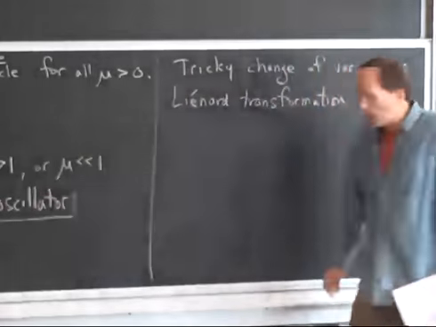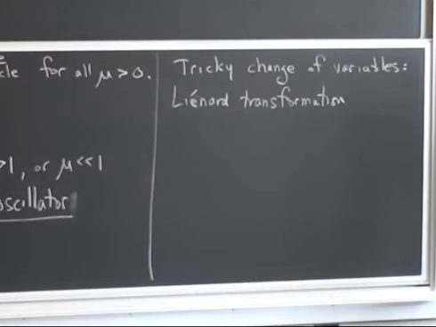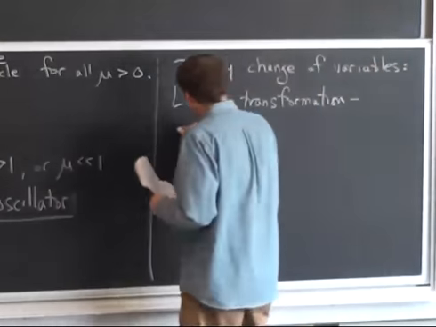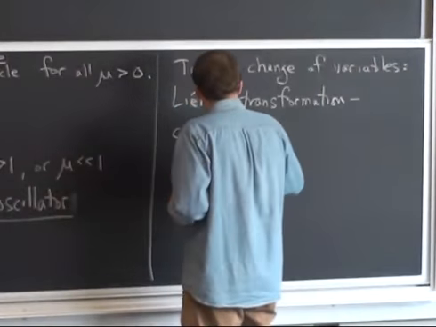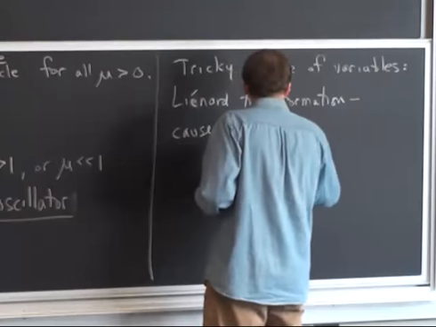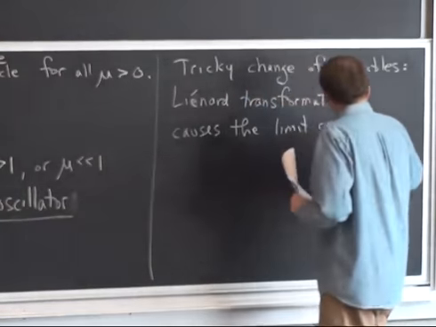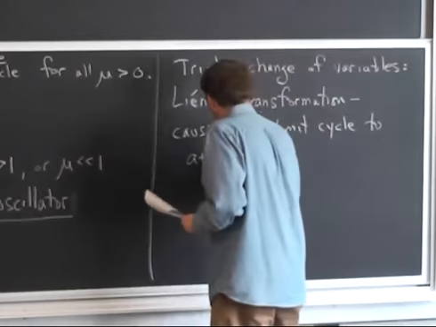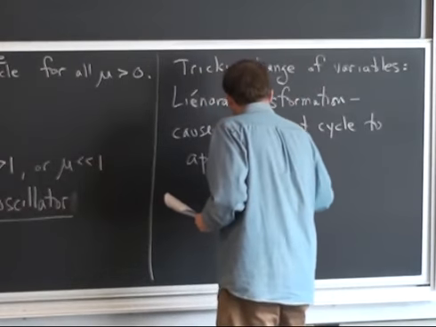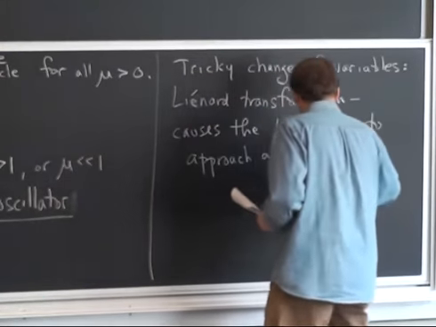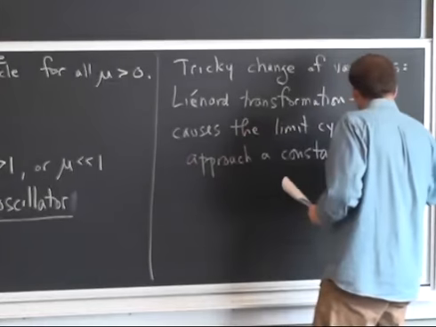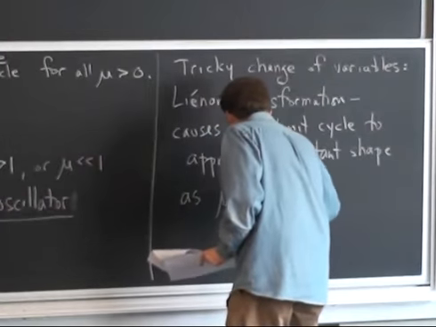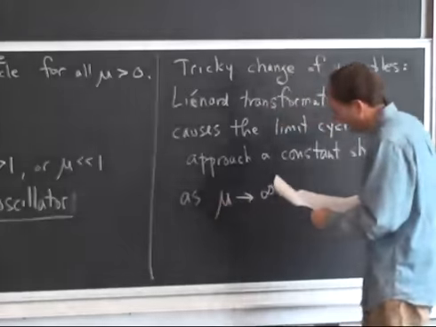And the upshot of it, just to give away the punchline, is that after we make this Liénard transformation, what's good about it is that it causes the limit cycle to approach a constant shape as this parameter mu gets large, as mu goes to infinity.